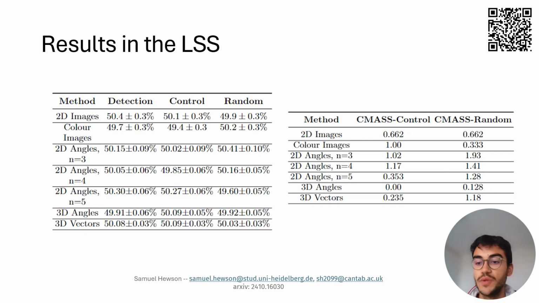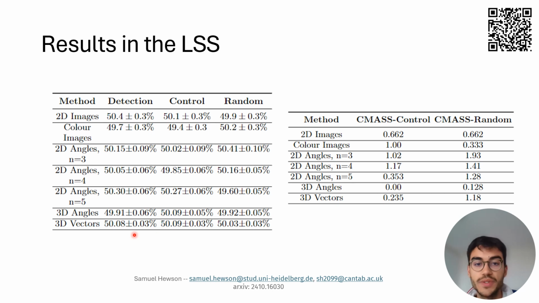So finally, results in the large-scale structure. So as I mentioned before, 50% output means that the network has determined that there are an equal number of what it sees as left and right-handed objects. In this case, we see that for every single method that we used, for all the variations, we get numbers which are indistinguishable from 50%.